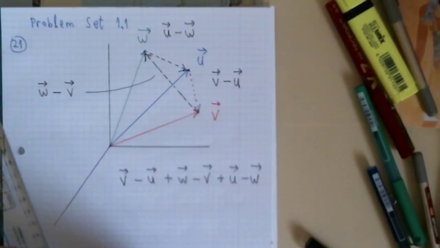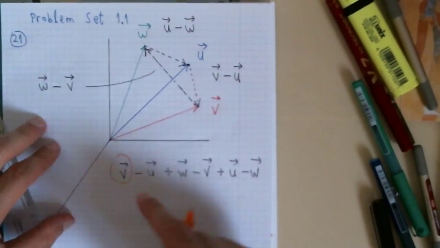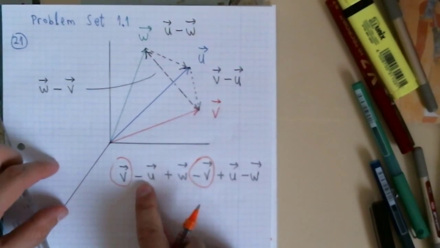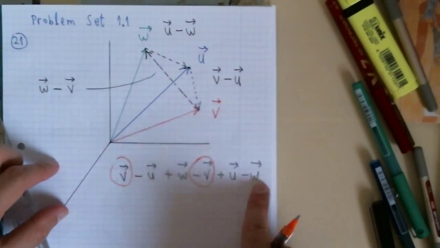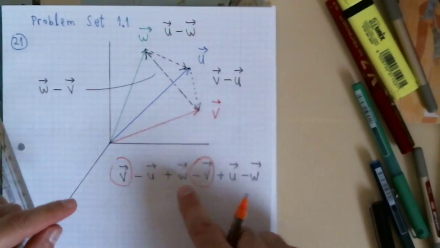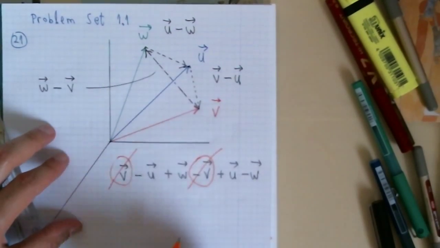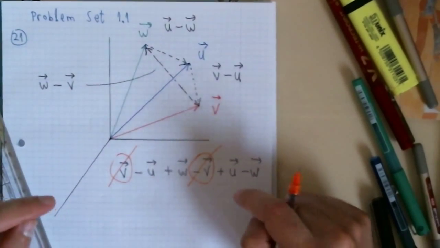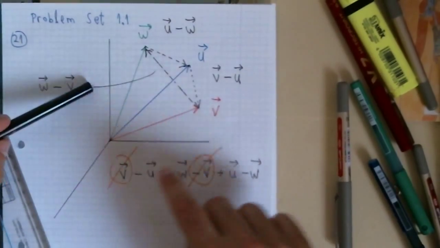For example, v: we have v with a plus, and v with a minus. The same way we have u in a minus and u in a plus, w with a plus and w in a minus. So v cancels minus v, minus u cancels u, and w cancels minus w.